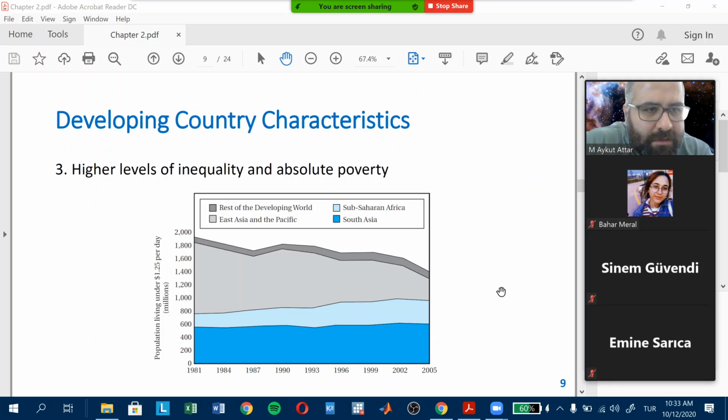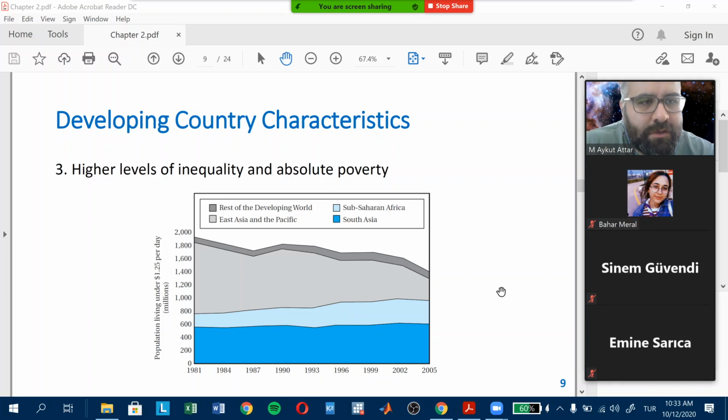There is a much faster decrease in East Asia and Pacific, okay, since the 80s. This is partly due to, of course, the Chinese rise, and the rest of the developing world is kind of stable. The total population share living in absolute poverty.